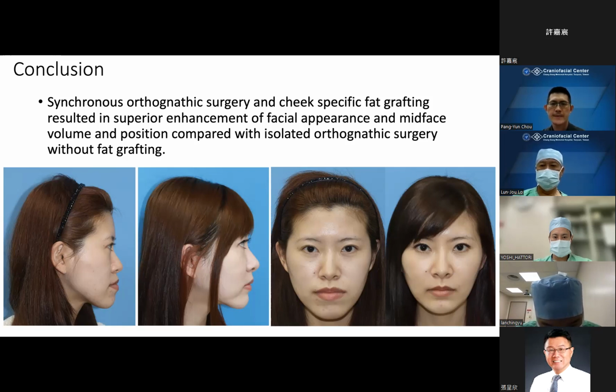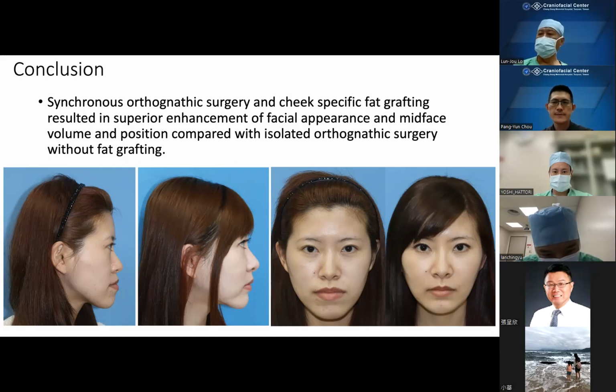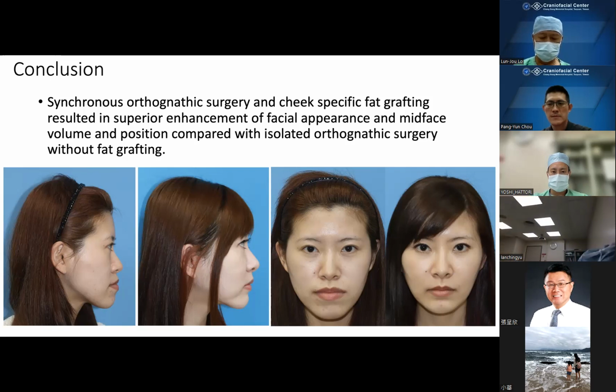The only problem with fat grafting in OGS is the lower face. I have been questioned by the reviewer, but since our anesthesiologists lower the blood pressure, and if you really take a look, our patients' swelling after surgery is still just fine, not too much.